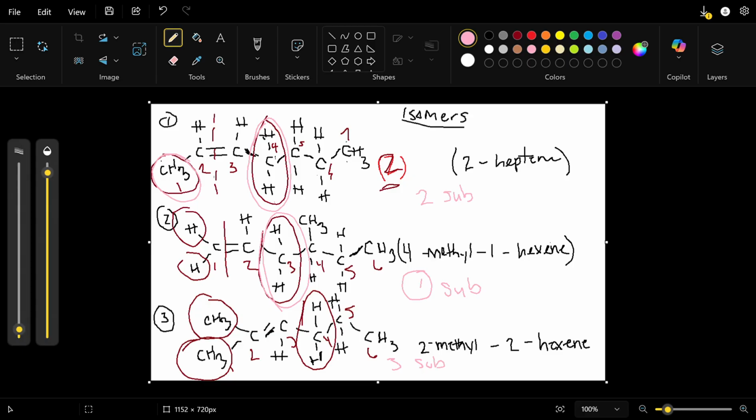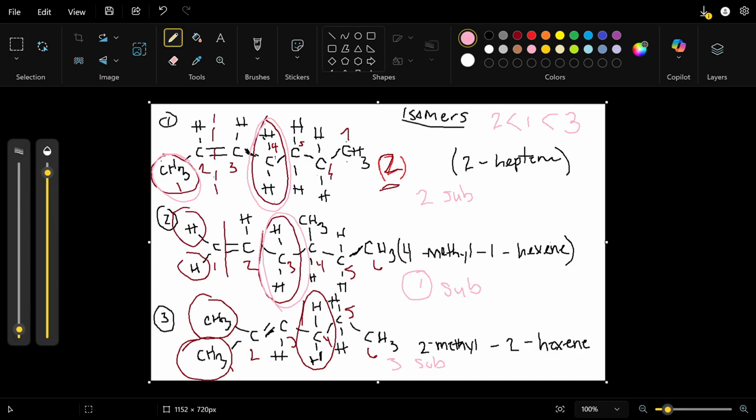All right, so in this case, in increasing order, I would say 2 is less stable than 1, and 1 is less stable than 3.